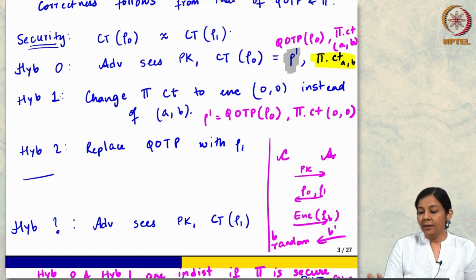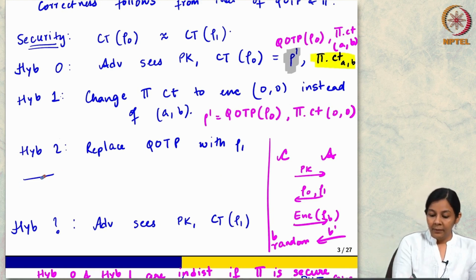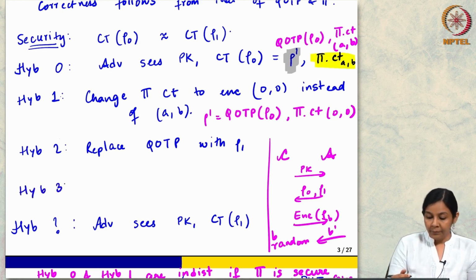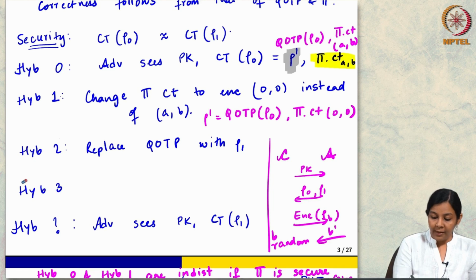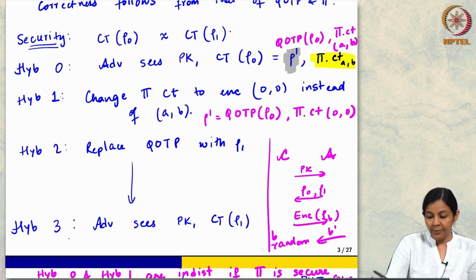At this juncture I can do this because there is no longer any dependence between the QOTP and the pi ciphertext. And now in the next hybrid, actually this can be my final hybrid. So, now I can just go directly to hybrid 3.